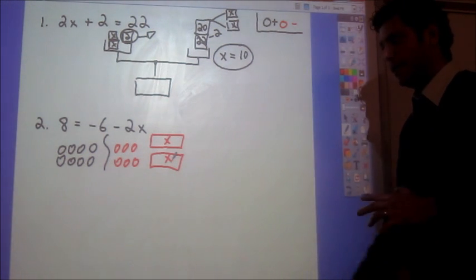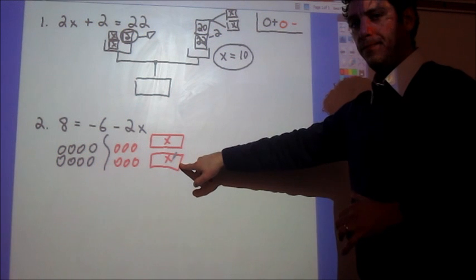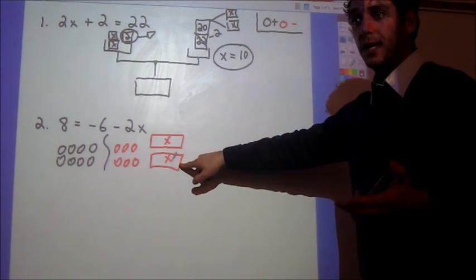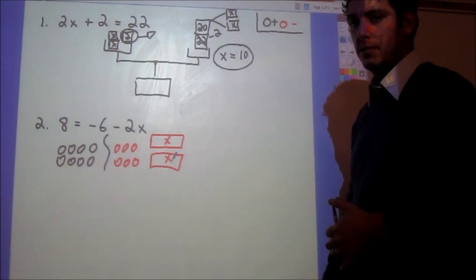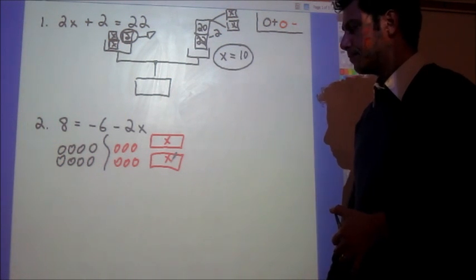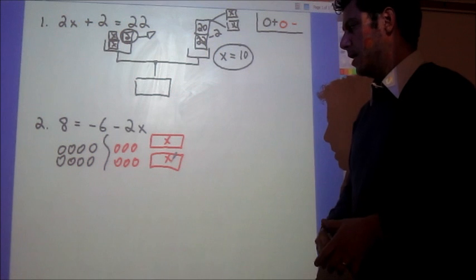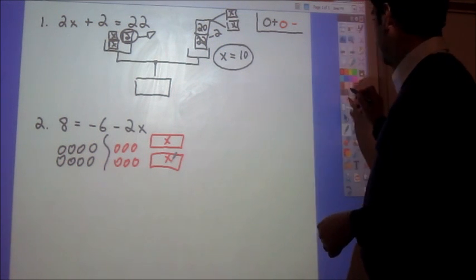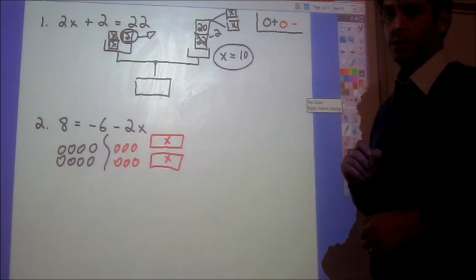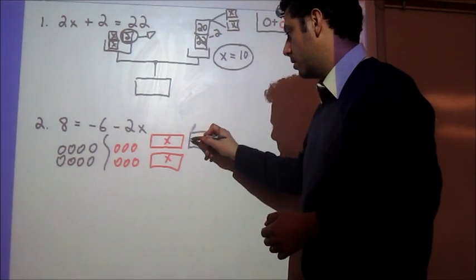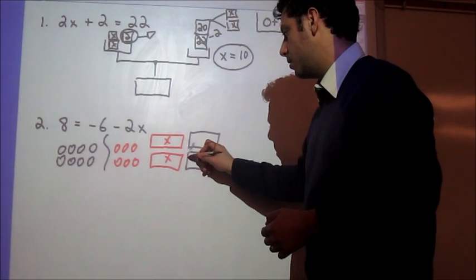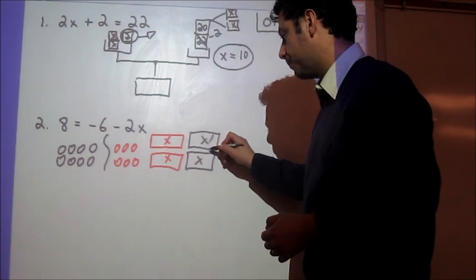Now, because these tiles are negative, and we're really looking for what a positive x is, or what just x is, in other words, one way to solve the problem is to add positive variable tiles. So what we want to do is get rid of these negative variable tiles.